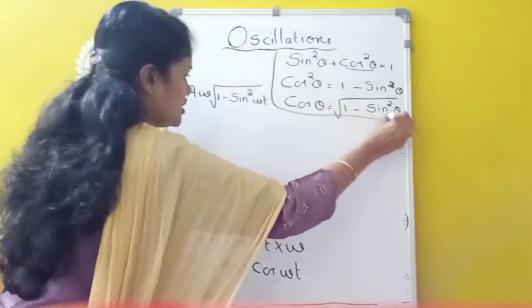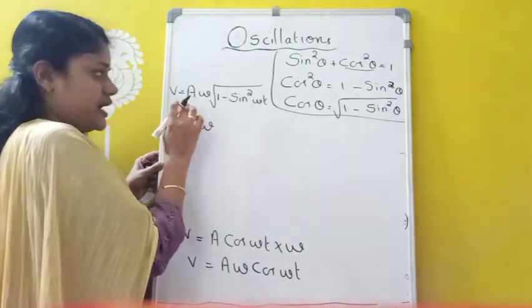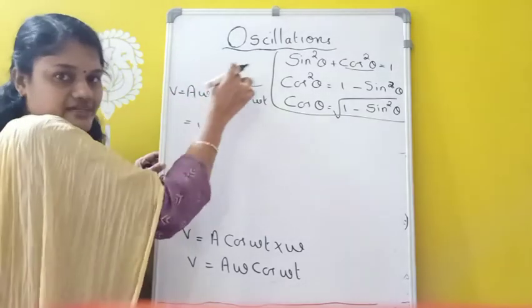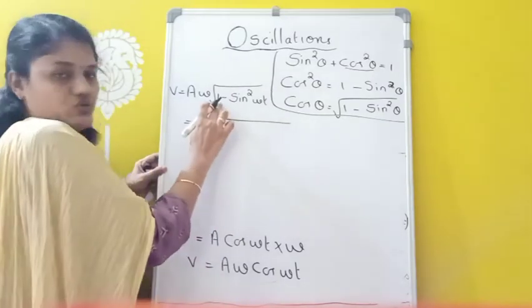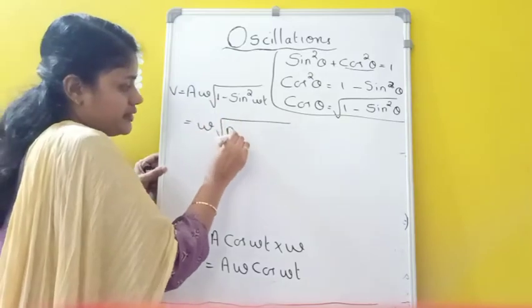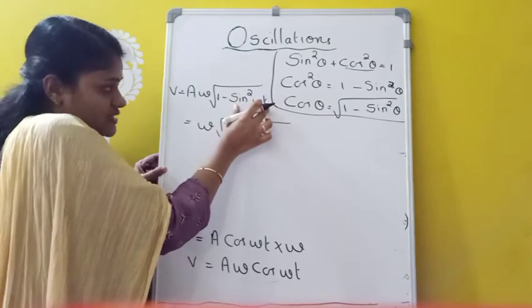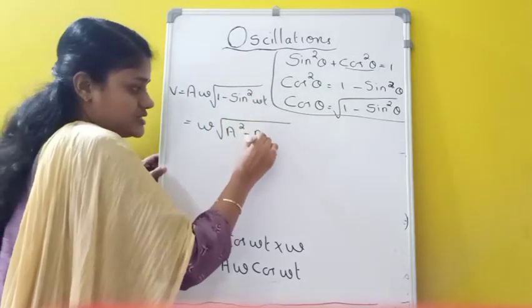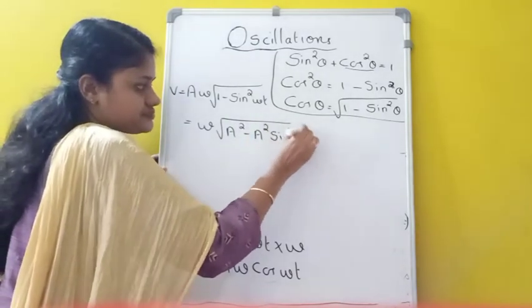I keep this omega here itself, and I take this a inside the root. Whenever a quantity goes inside the root, it goes as a square. So root of a square minus, along with the sin square omega t, a also goes in as a square. So it becomes a square sin square omega t.